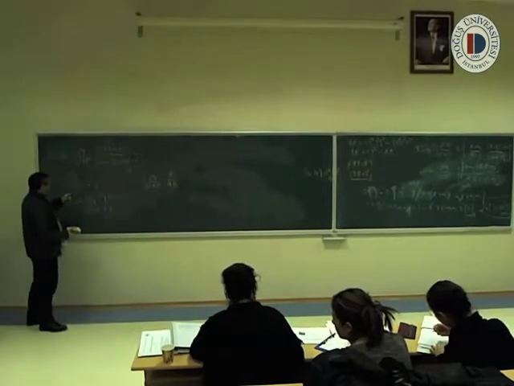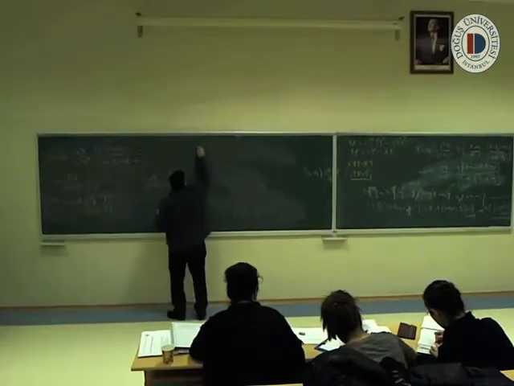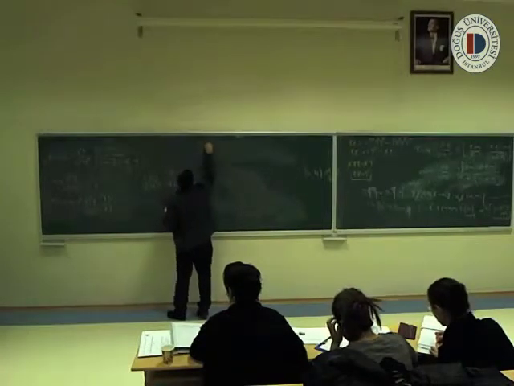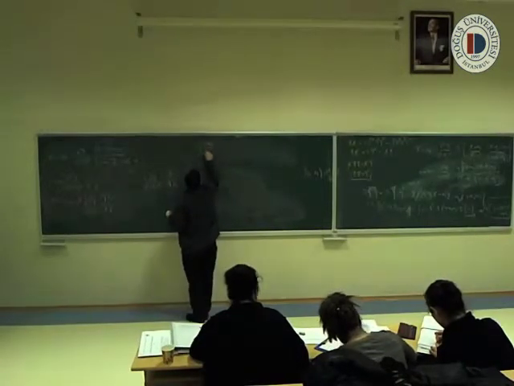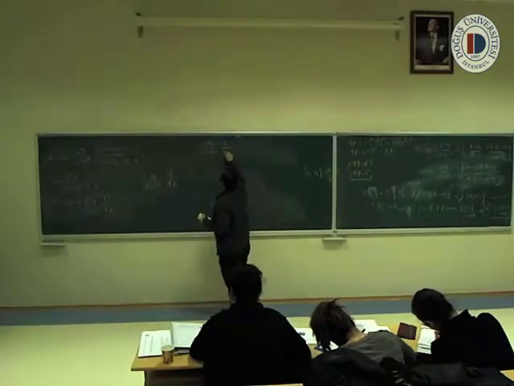Let's first calculate the first integral, d4q over (2 pi)^4 1 over ab.